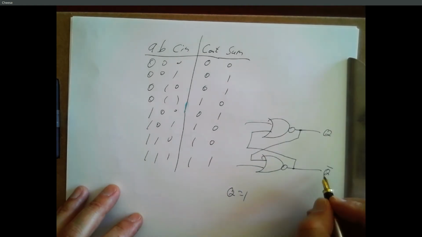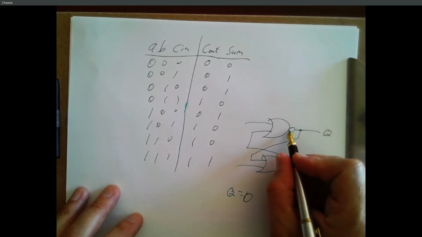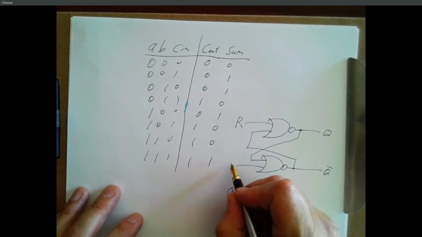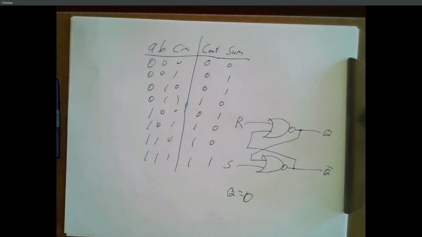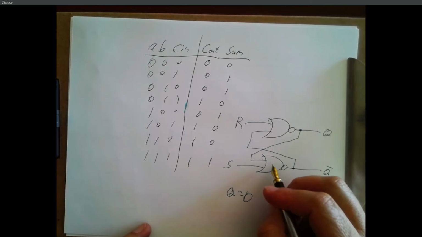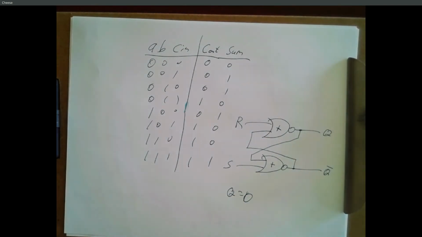Need zeros. If we want Q to be a 0, then we need a 0 coming out here. We've got to have a 1 going in. So that's our reset. That's our set. So 1 here will force the OR to be 1, force the NOR to be 0. And that'll put a 1 out on the top.